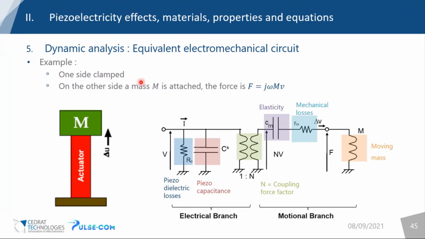If we clamp the actuator from one side and add a mass at the other side, you have here the modification of the electromechanical circuit, which is just that you have added something that stores energy, in this case a moving mass. From the electrical point of view, it acts like an inductance.